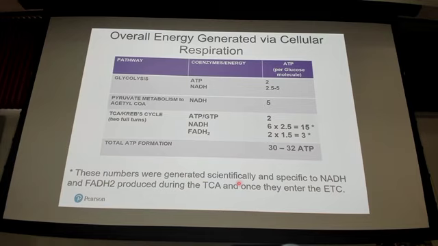So the total potential ATP that is formed in cellular respiration from glycolysis through the electron transport chain is between 30 and 32 ATP molecules. Are there any questions?